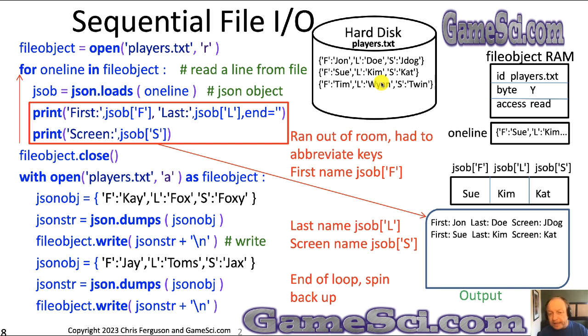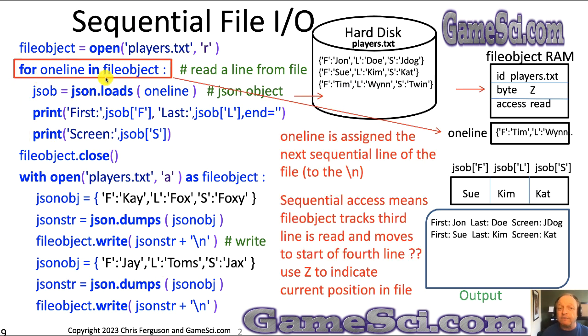After the print is done, we hit the end of the loop, and we will spin back up to our for loop. For one line in file object, we will read the third line of data from the file. Boom, there it is. This data on the third line was read into RAM memory. One line is assigned the next sequential line up to and including the \n.